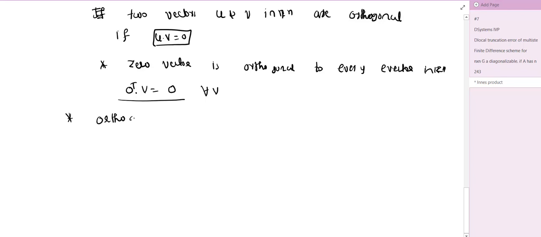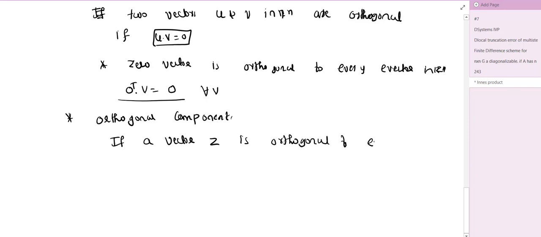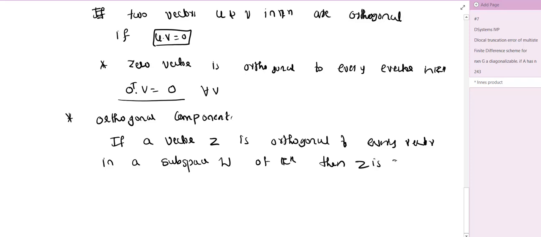If a vector z is orthogonal to every vector in a subspace W of Rn, then z is said to be orthogonal to W.